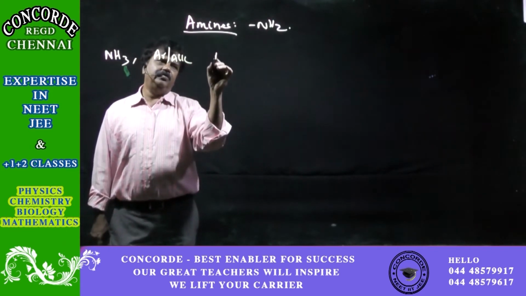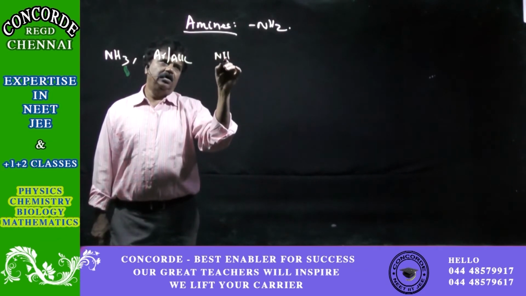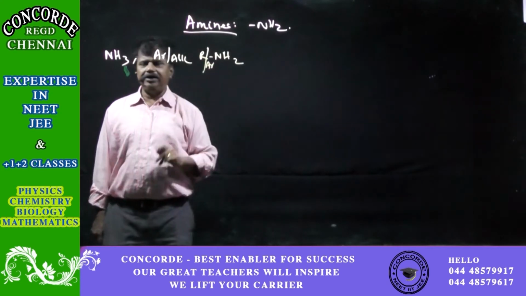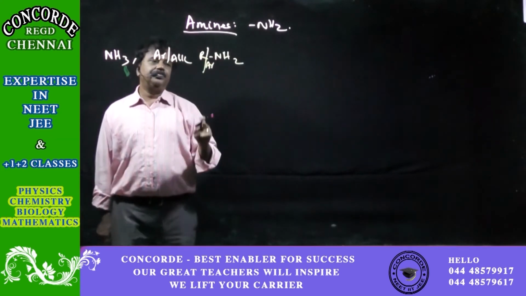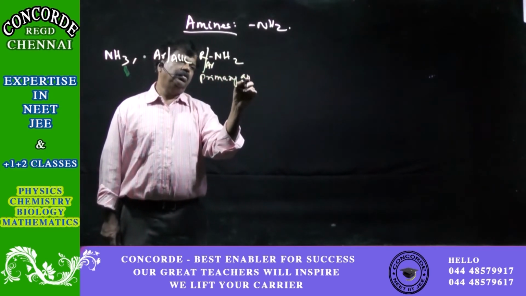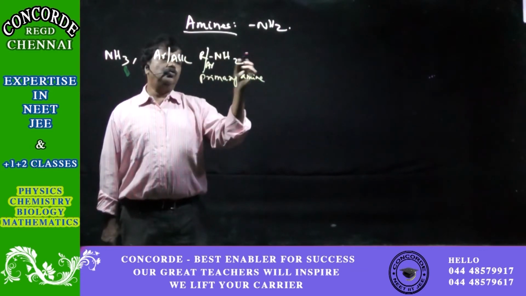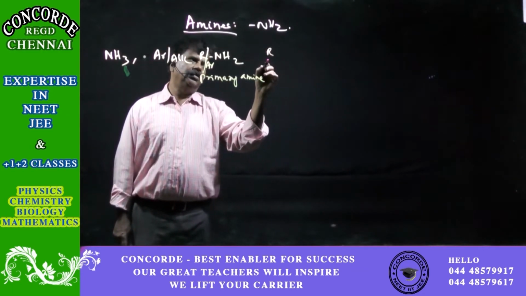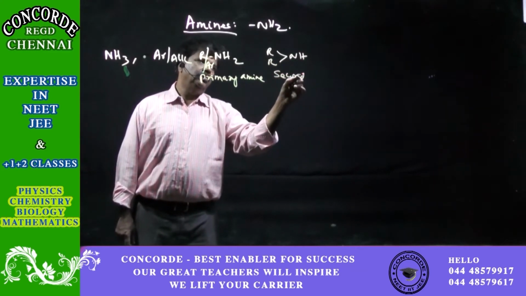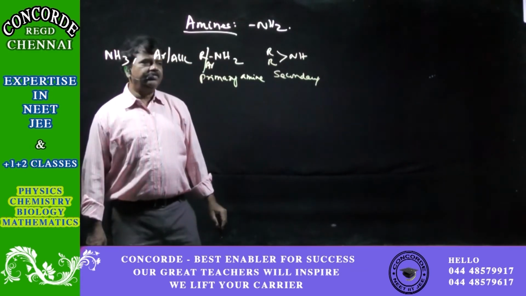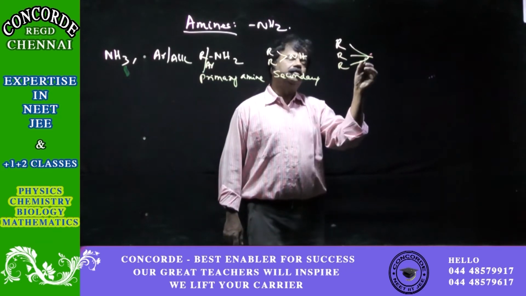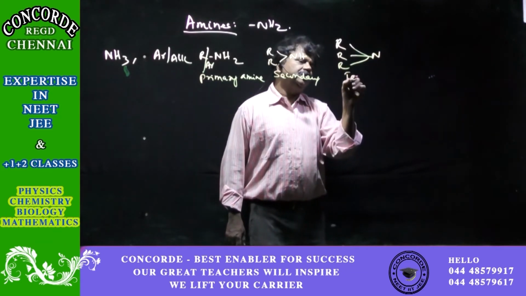If you take one alkyl or aryl group and NH2, this is a primary amine. In case two of the hydrogens are substituted, it is a secondary amine. In case three are substituted, this is tertiary.